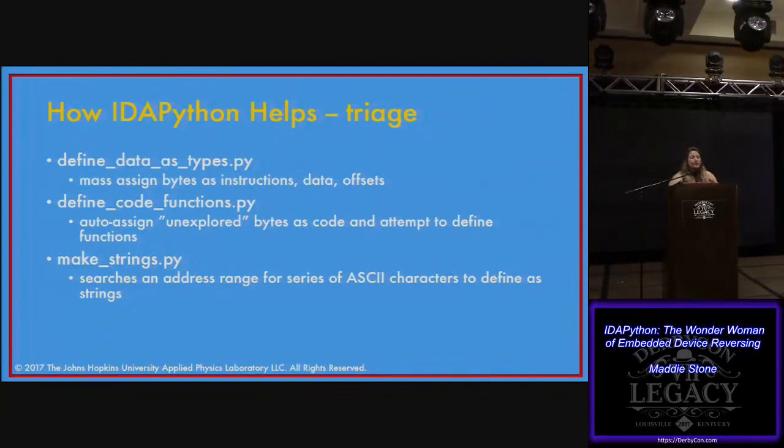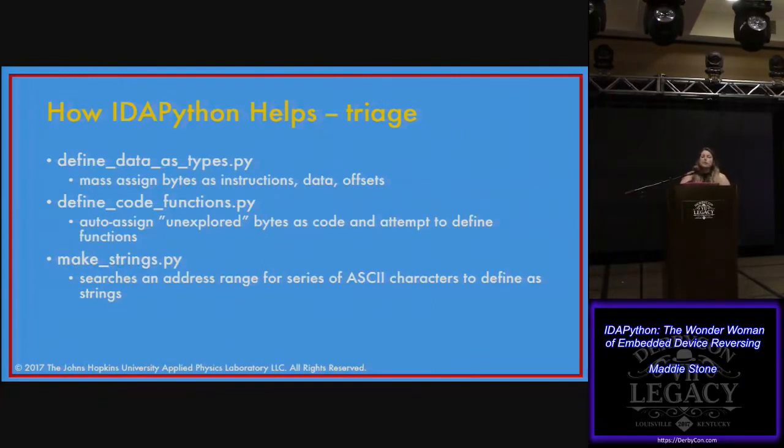It's super simple, but instead of having to go down a whole block that looks like a table and pressing D, D, D all the way down through it, you put in some addresses, tell it what size, whether it's a byte, word, or double word table, and it will go through and define all of it for you in one fell swoop.